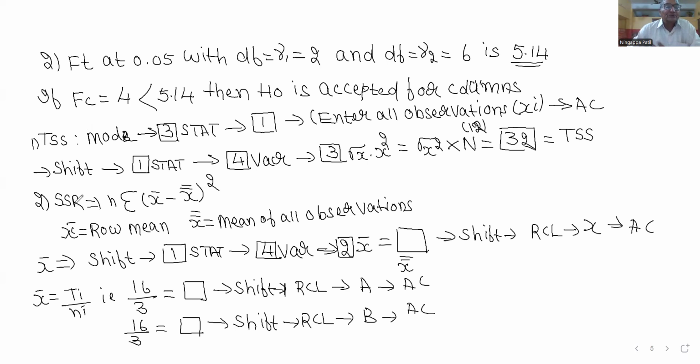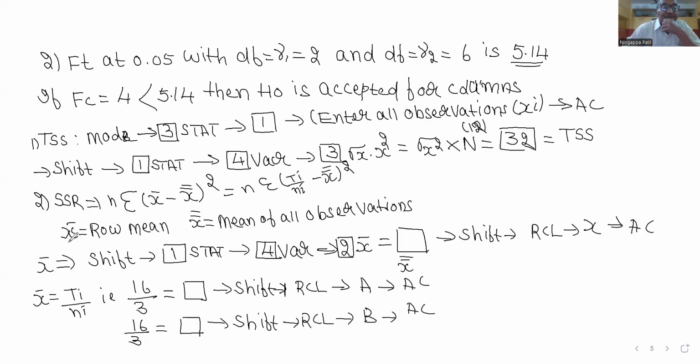Then how to find out SSR? Look here. For the SSR, you remember n into summation of (x bar minus x double bar) square, or it can also be written like this: summation of Ti upon Ni minus x double bar square.